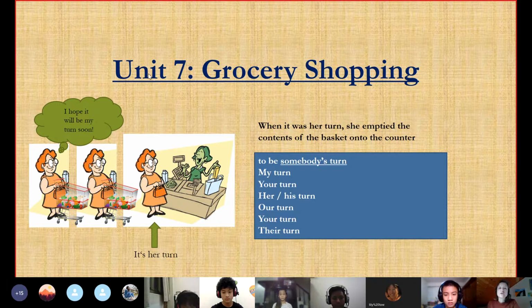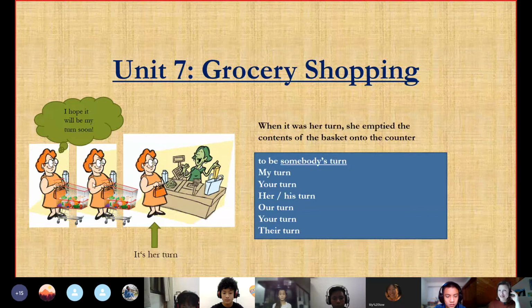Okay, so somebody's turn means that when you wait and then the second person is at the checkout, and then another person is at the checkout, and then you are at the checkout. Then it's your turn when you get to pay at the checkout.